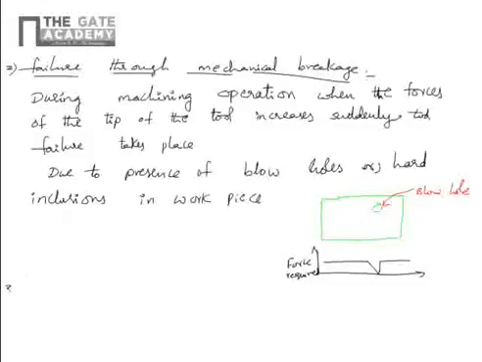Okay. Next one is failure through gradual wear. Because of wear and tear, the failure takes place.